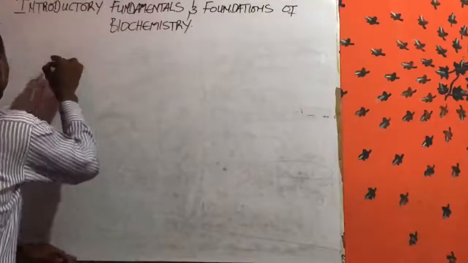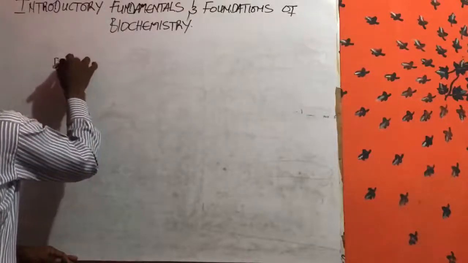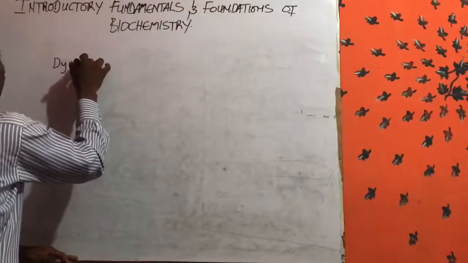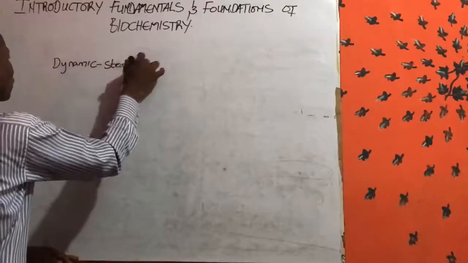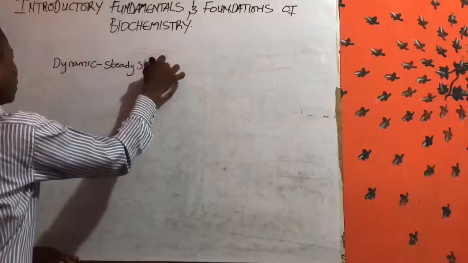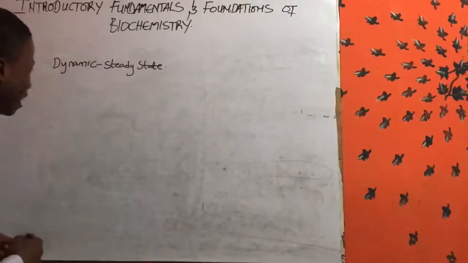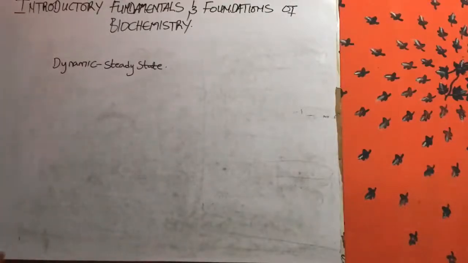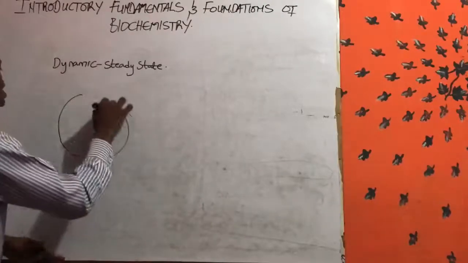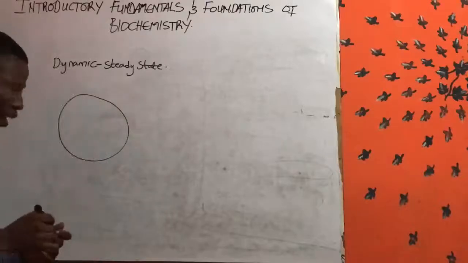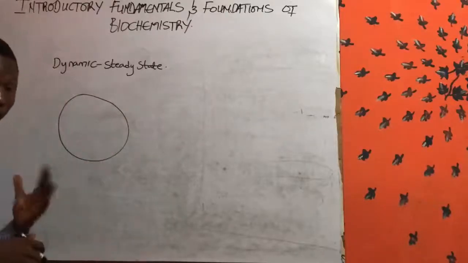Now, living organisms are in dynamic, steady states with environments. What do we mean? If I look at a living entity or a living cell, a living cell is a system on its own.